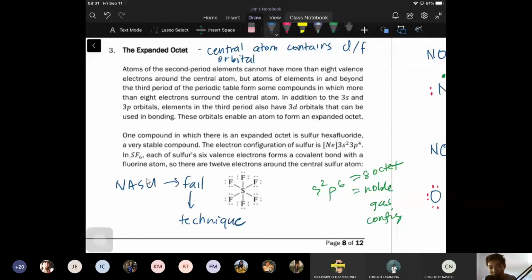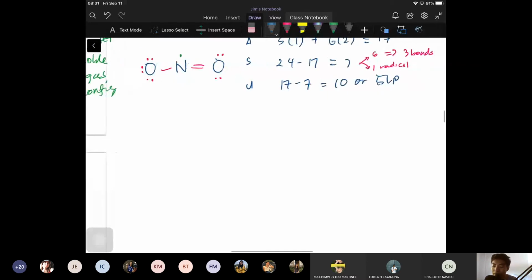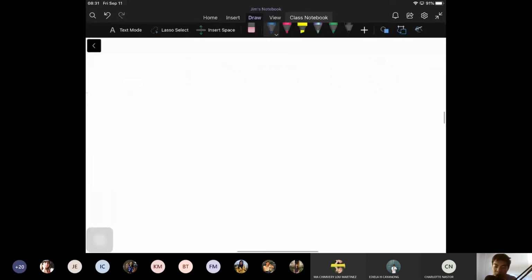Okay. So, anong work plan natin? Ito yung scheme. You do the NASA rule first. If pumalya yung NASA rule, then I will show you the technique, no, to draw the expanded octet. So let's have some examples. SF6, sulfur hexafluoride.